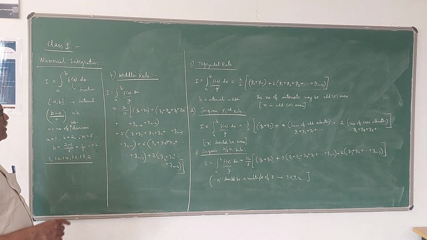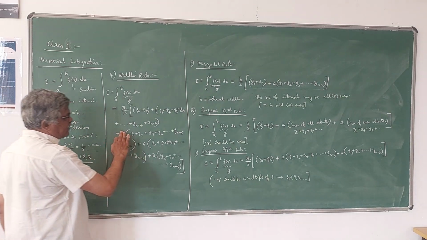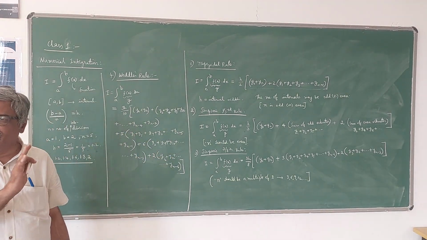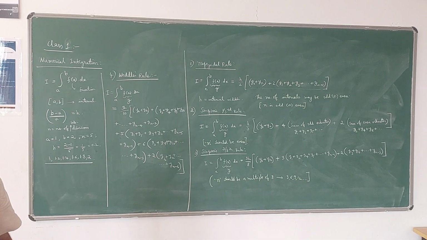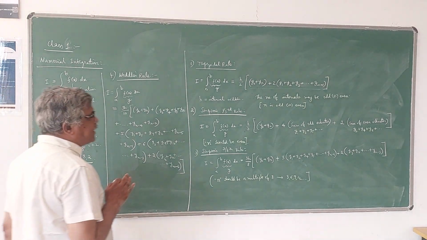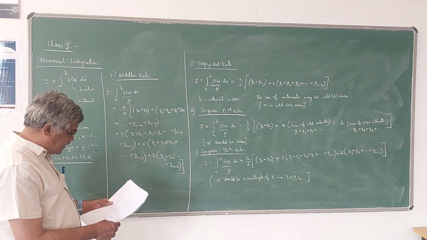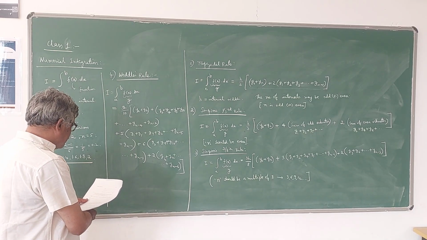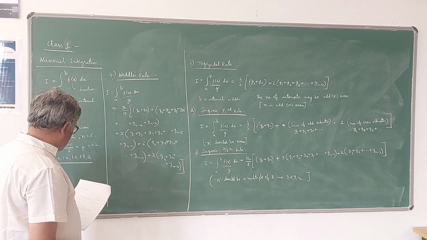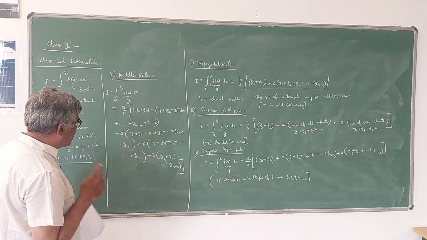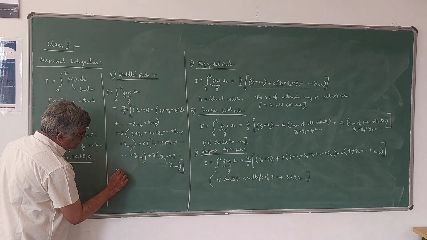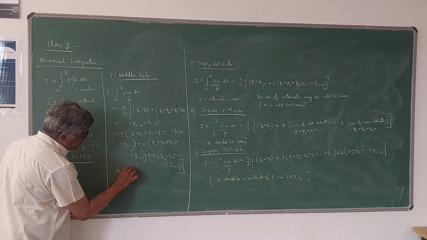Of course, here there are so many terms, 11, 15 and all, but normally that many terms will not be there. So if it is restricted to only 8 terms, the condition to apply this Weddle's rule is that at least 7 intervals should be there, minimum 7. So n should be greater than or equal to 7.